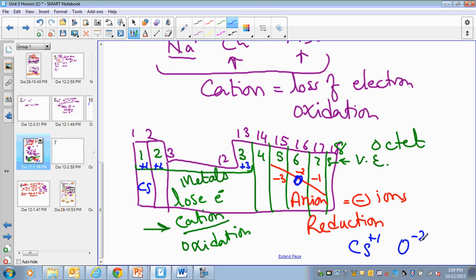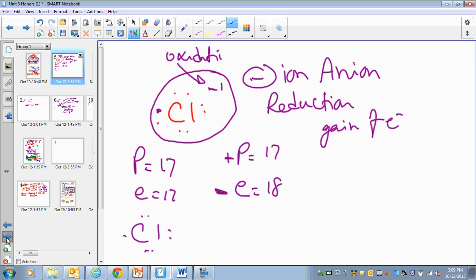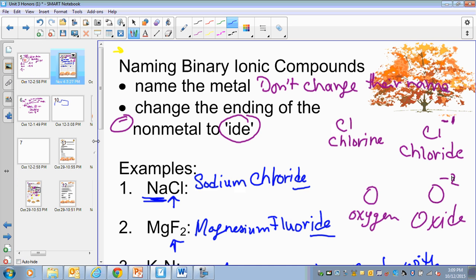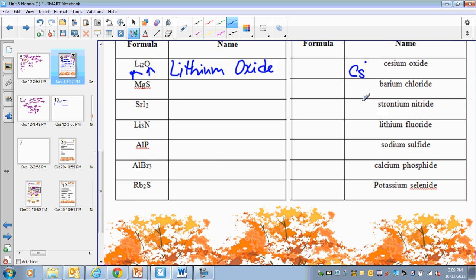So I crisscross it, so it will be Cs2O1. So cesium plus 1, oxygen minus 2, so it will be Cs2O.